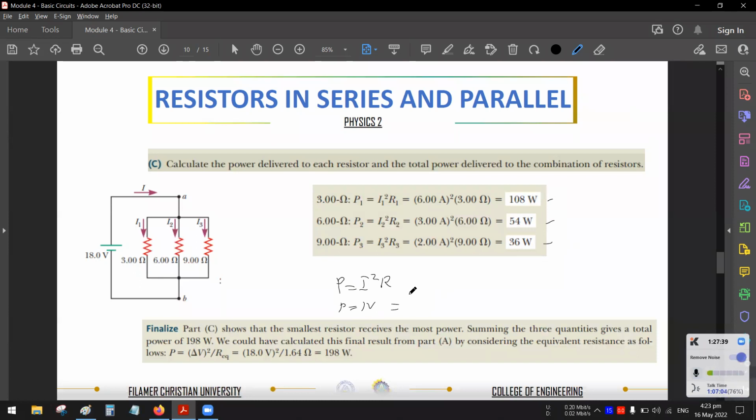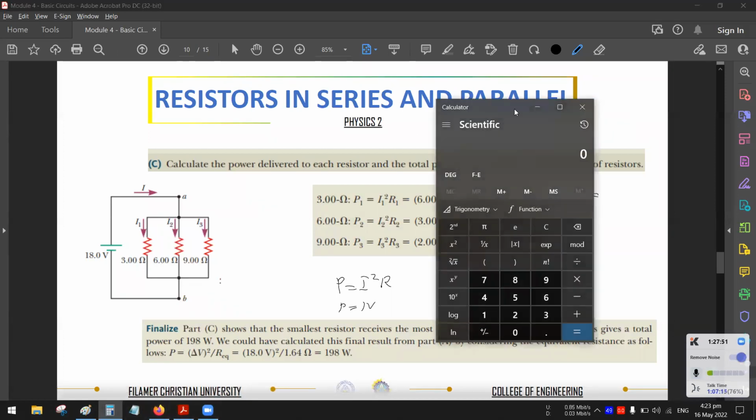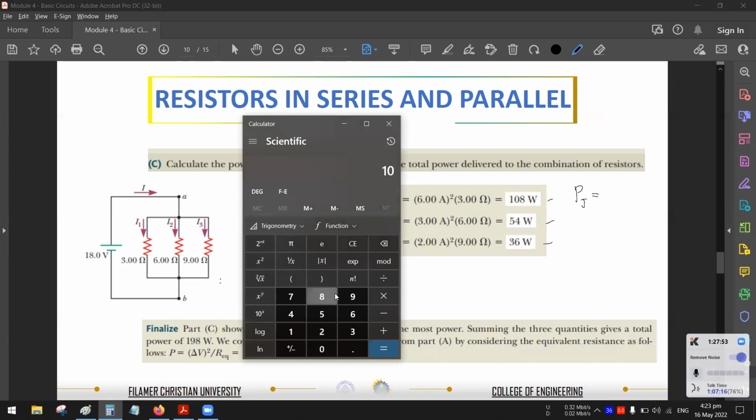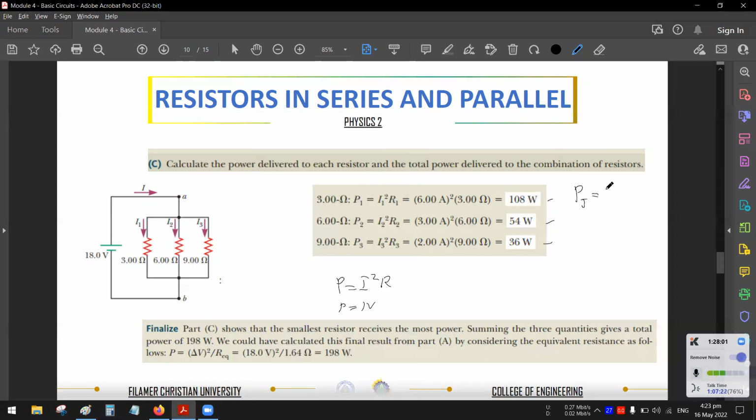So, total power natin is equal to 108 plus 54 plus 36. You have 198 watts. So, ito yung total power mo.